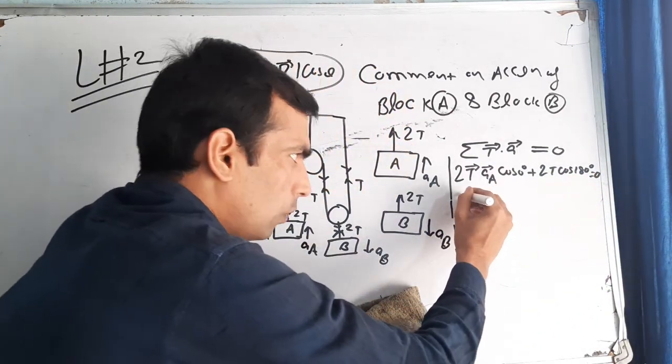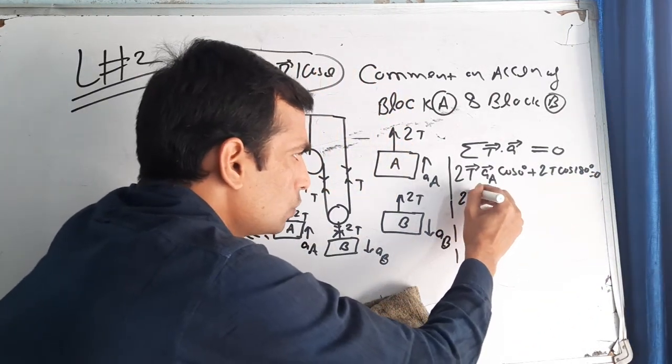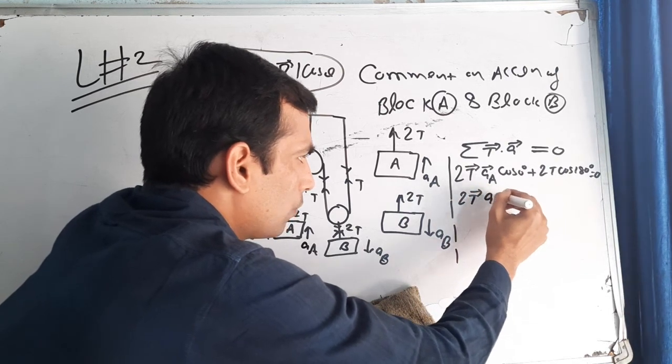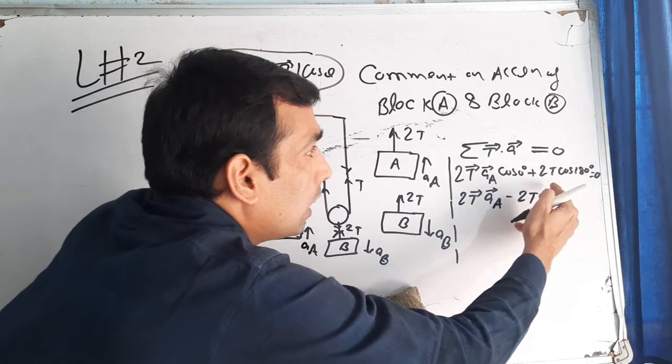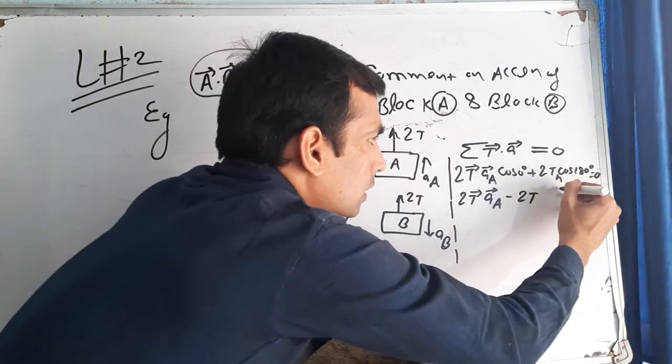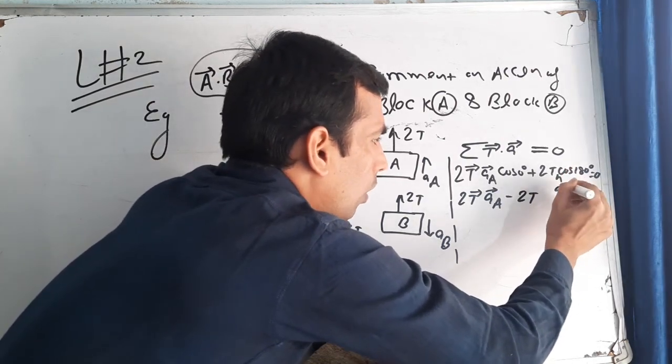So cos 0 is what? Basically 1. So 2T acceleration of A minus 2T, here I am missing something, students, acceleration of block B.